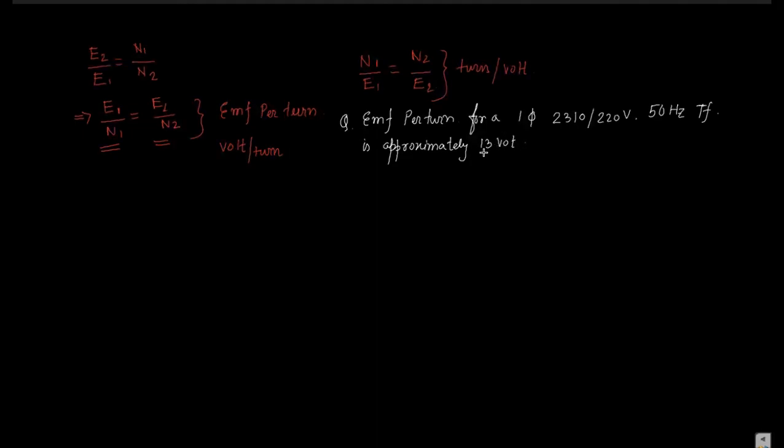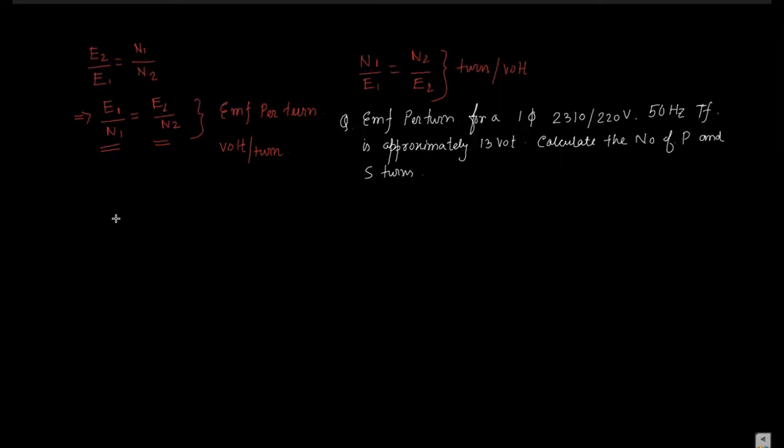For each turn we are getting 13, that is the EMF induced is 13 volt. Calculate the number of primary and secondary turns. Okay, so shall we calculate it?